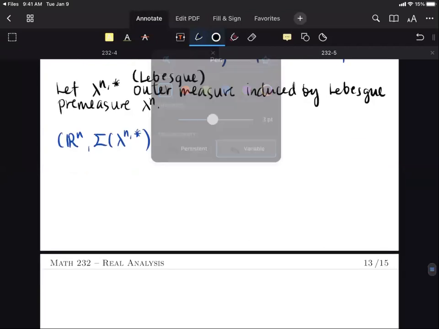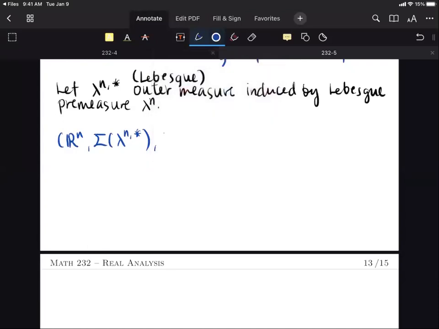And then you take the restriction of the Lebesgue outer measure to the Lebesgue measurable sets. This will be called the Lebesgue measure space on Rn.